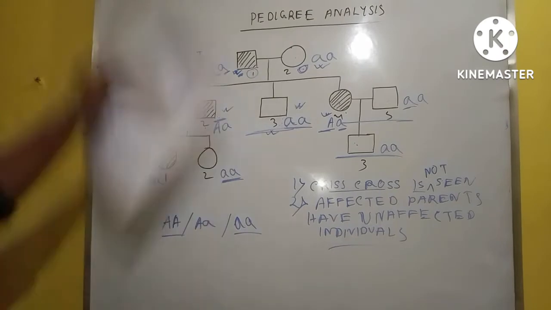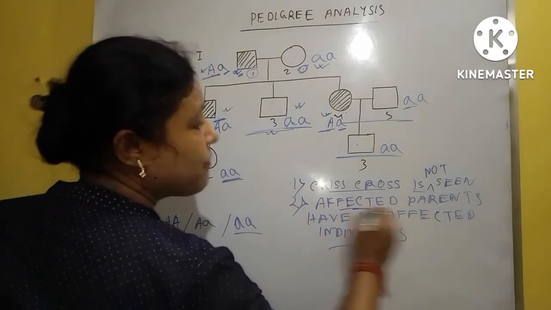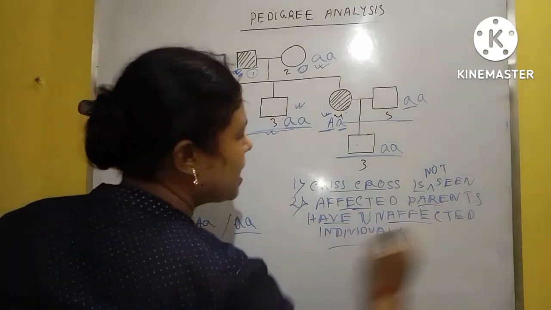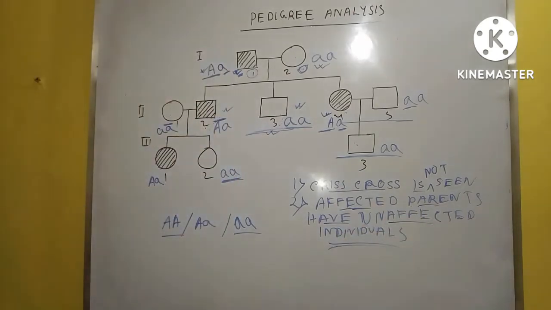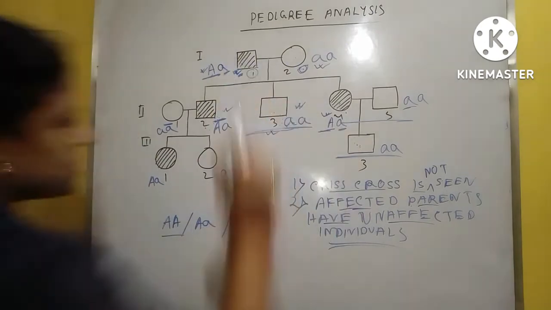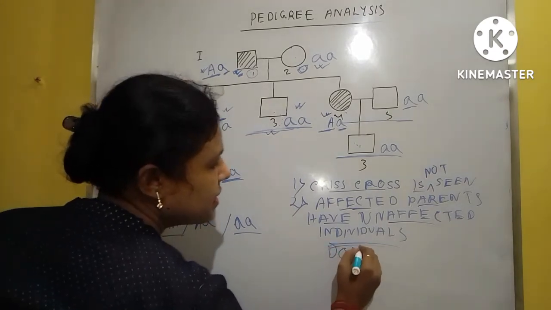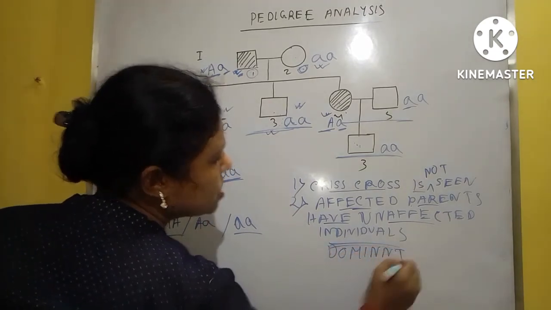So it is autosomal. Second one, unaffected: affected parents have unaffected individuals. That's why it is dominant. Here it is dominant.